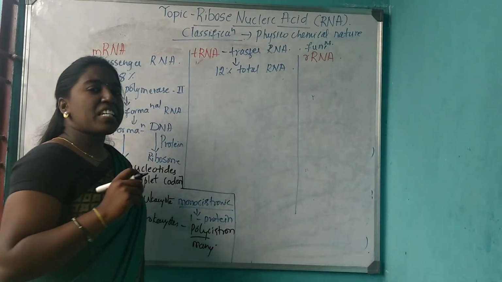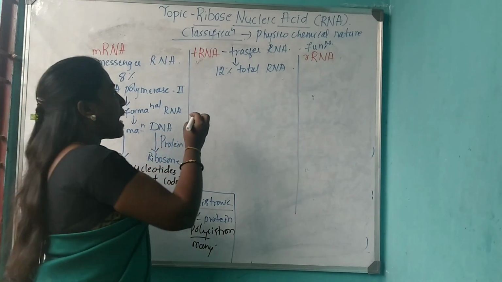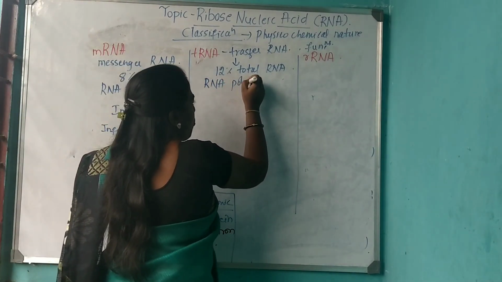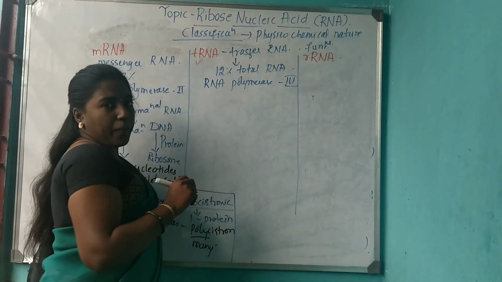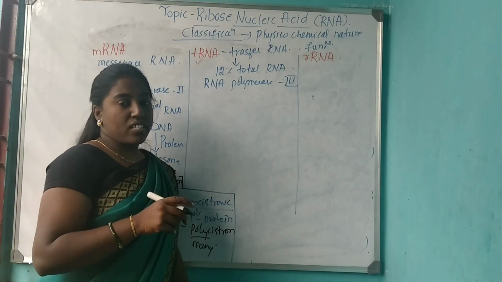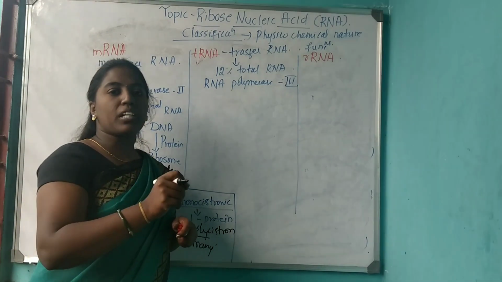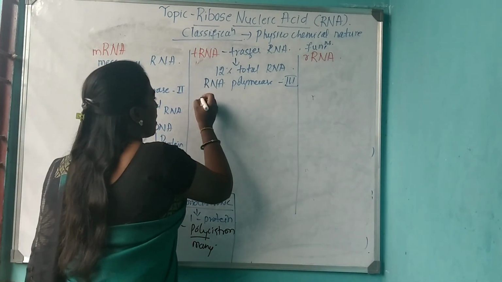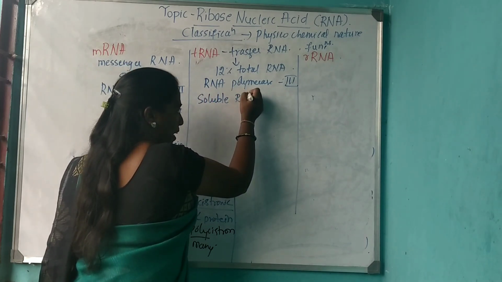The tRNA is synthesized from DNA with the help of an enzyme called RNA polymerase 3. It is also called soluble RNA, as it is soluble in 1 molar NaCl.